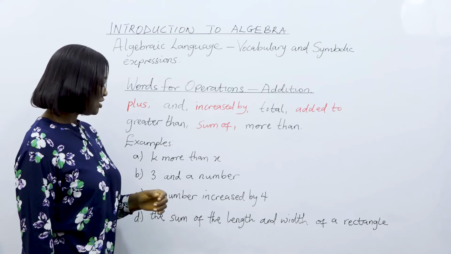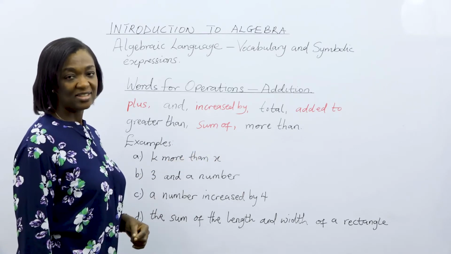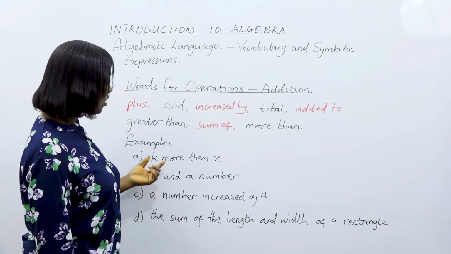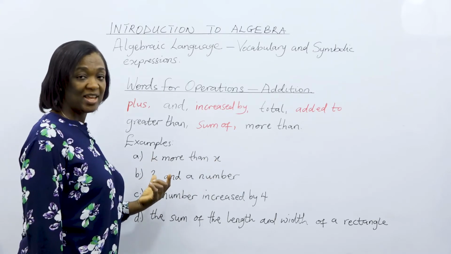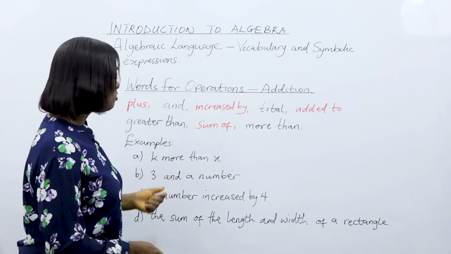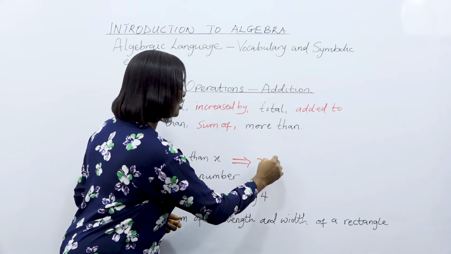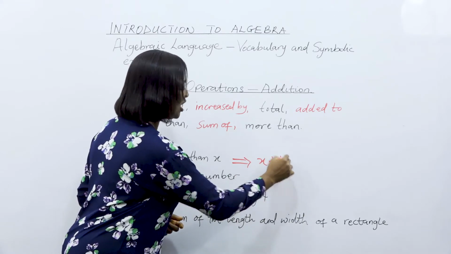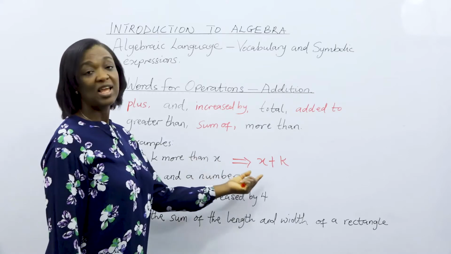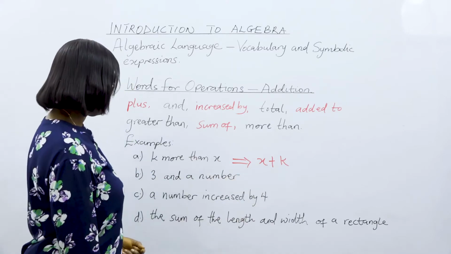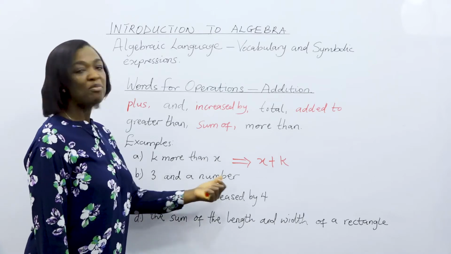So for example, k more than s. It means that the number is more than s by k. So that number will be s plus k. So k more than s means s plus k. 3 and a number.